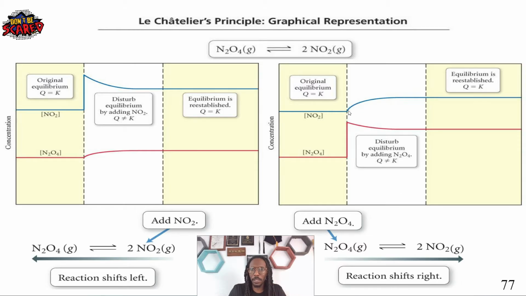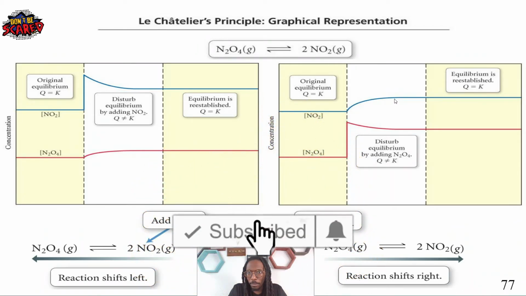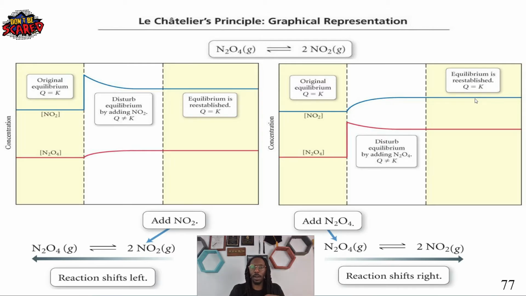You can slightly see, with our NO2, it slightly went up to make more products, because we had to reestablish our equilibrium. And even if you look right here at the N2O4, even though we added N2O4, guess what happens? It slightly dips, and that's because it's going to be consumed to produce more NO2.